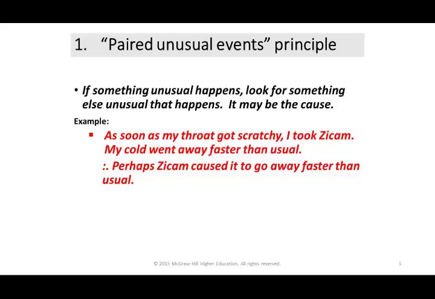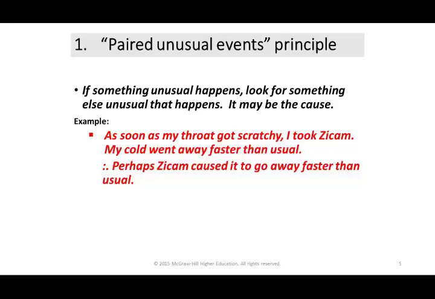With a paired unusual event, what we're doing is that we're noticing that something new has happened. There's a new event, something out of the ordinary, something unusual has happened.